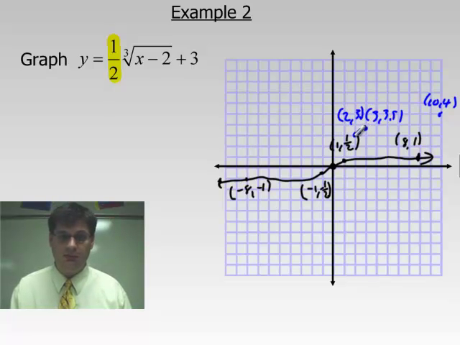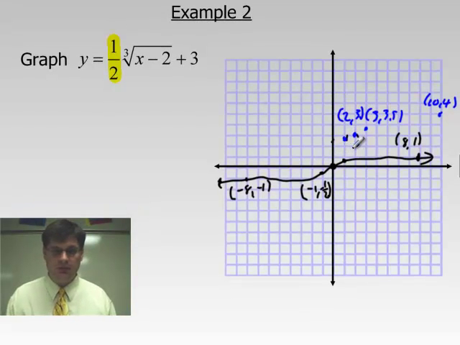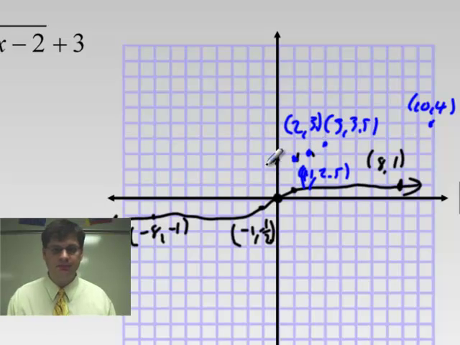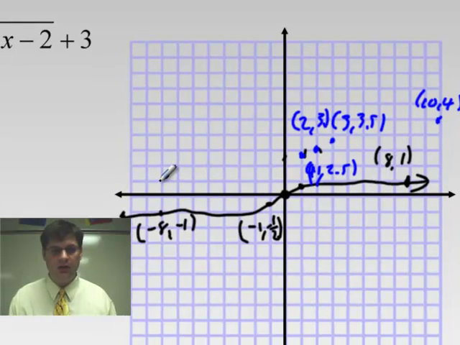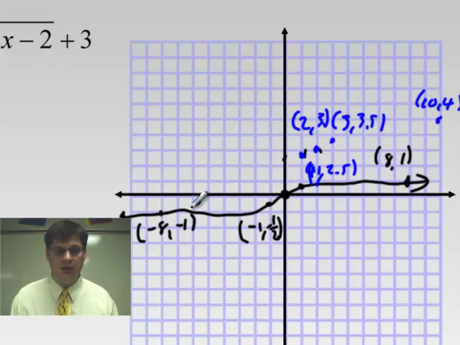And then we're going to go the other direction, and my next point is going to be 1, 2.5 as we go in the other direction. And then the final point, negative 8, negative 1, so negative 8 plus 2 will put us at negative 6, and then we'll add 3 to negative 1, which will put us at 2, so negative 6, 2.